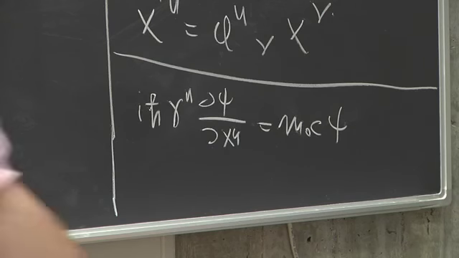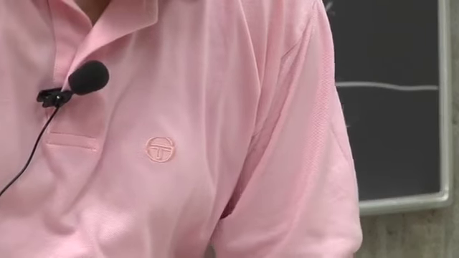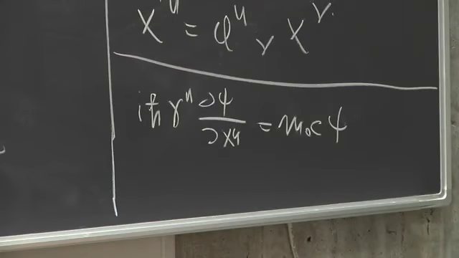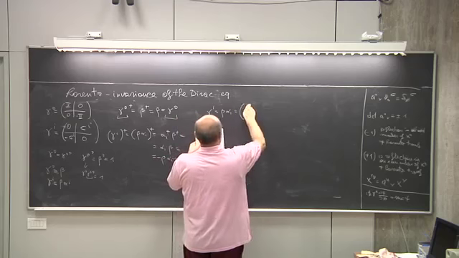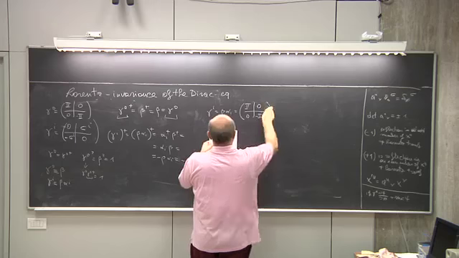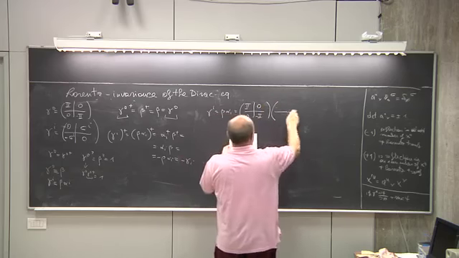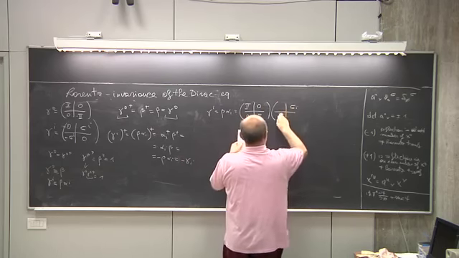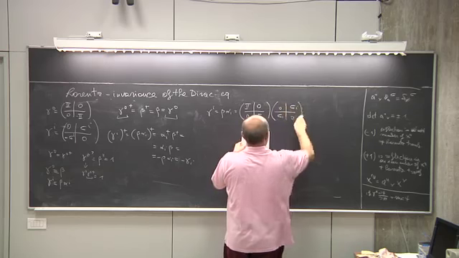This is easy. So gamma i was defined as beta alpha i. Then we have the matrix (I, 0; 0, minus I), and alpha i has this form, (0, sigma i; sigma i, 0).